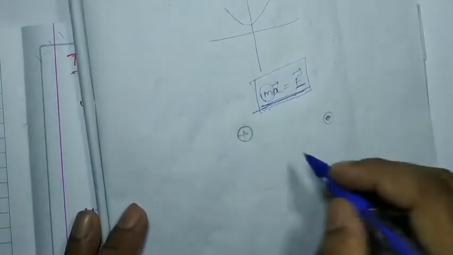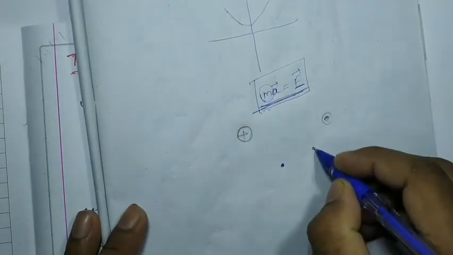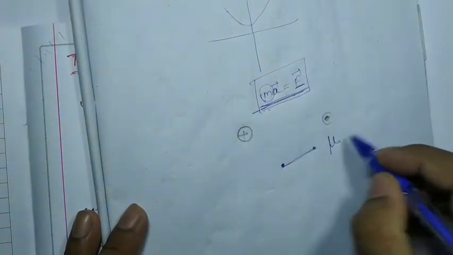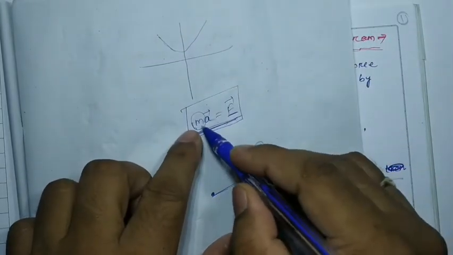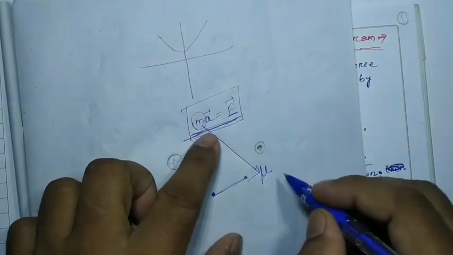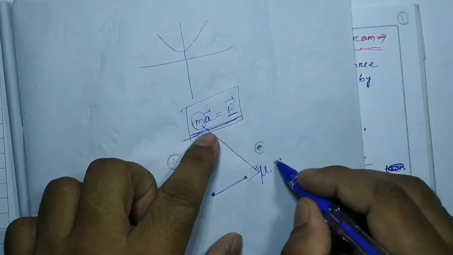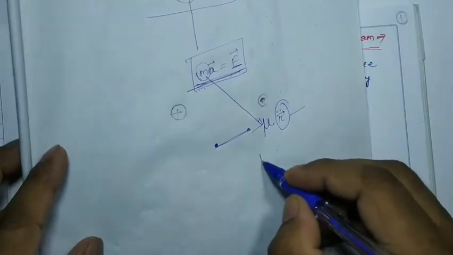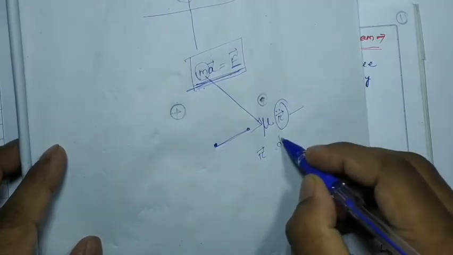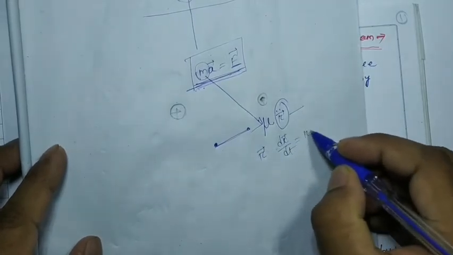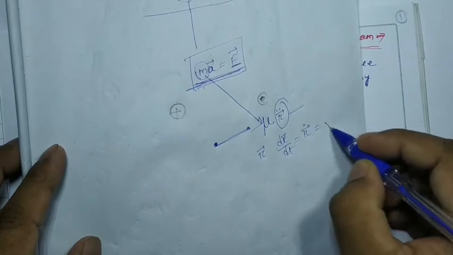Suppose we have two masses; the reduced mass is mu. So instead of mass m it can be written as mu, and r double dot is nothing but acceleration. r is your position vector, dr by dt is nothing but r dot, the velocity.